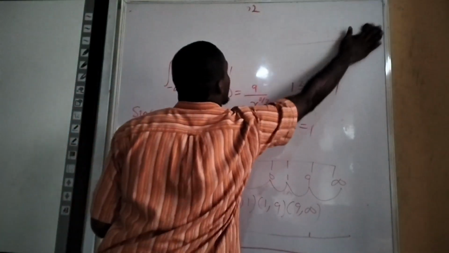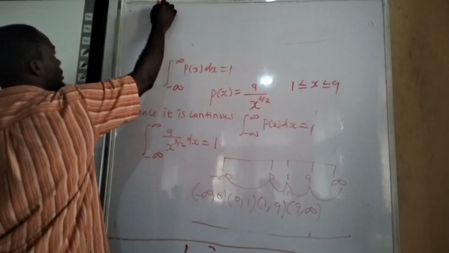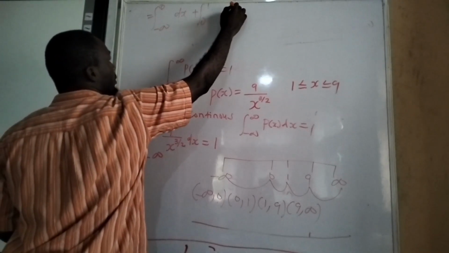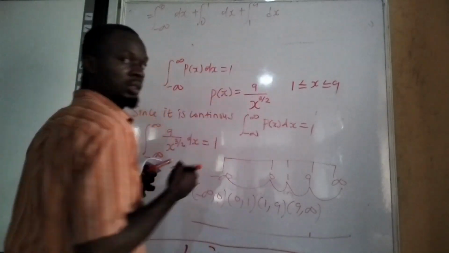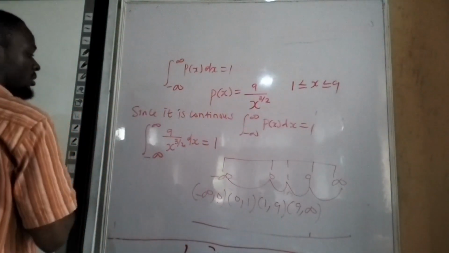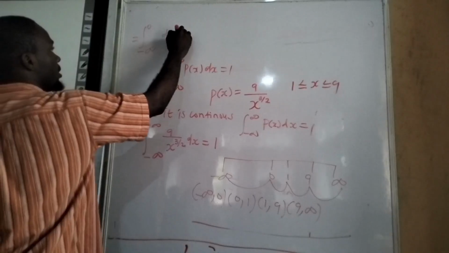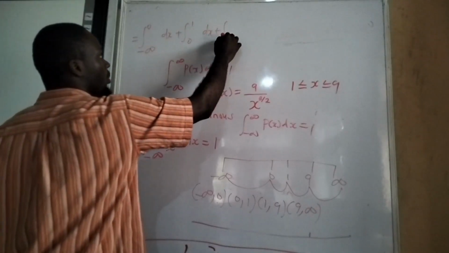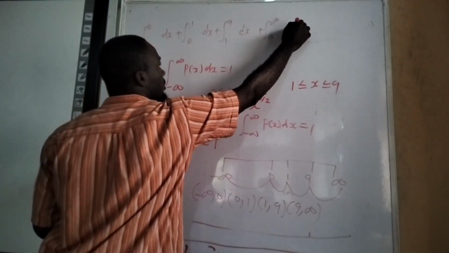So you mean that we should integrate from negative infinity to 0, f of x, plus 0 to 1, f of x, plus 1 to 9, f of x, plus 9 to infinity, f of x.